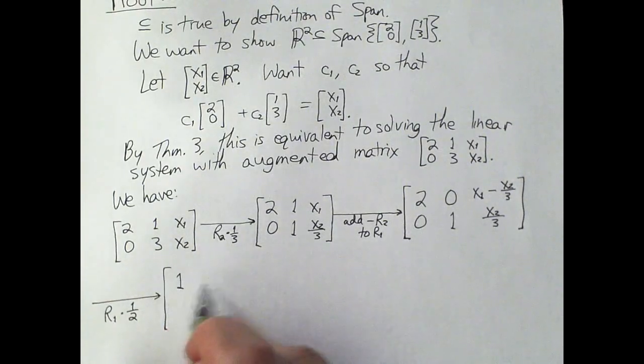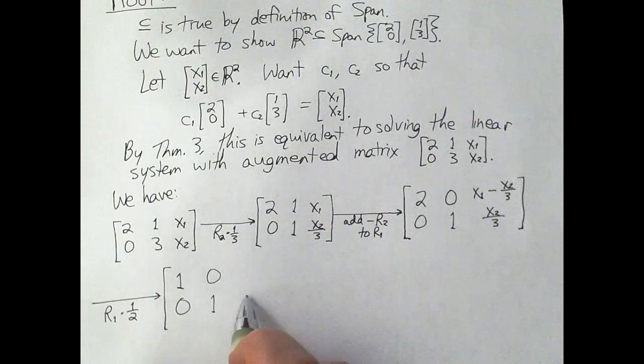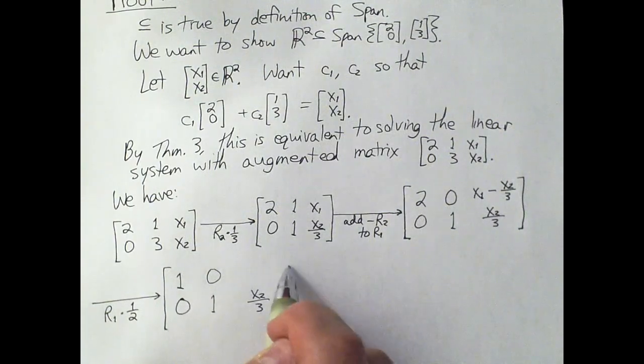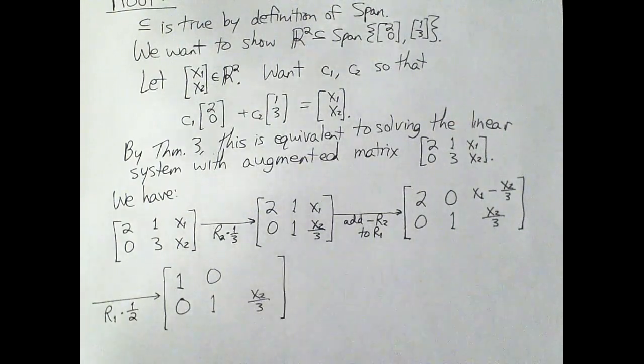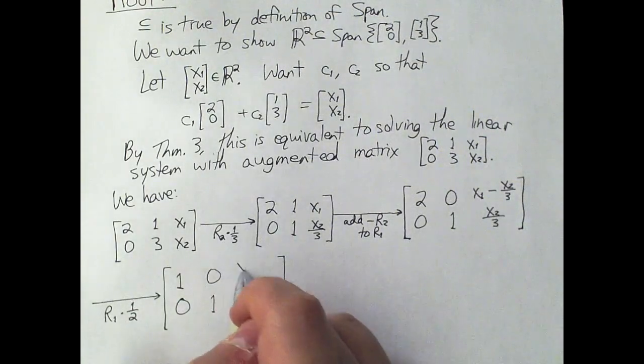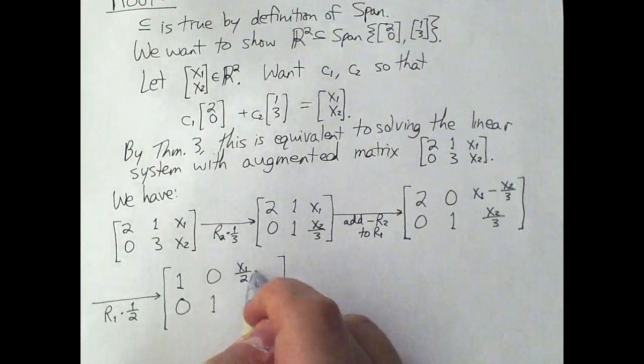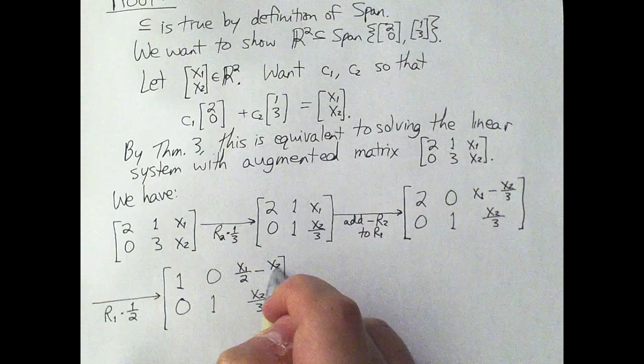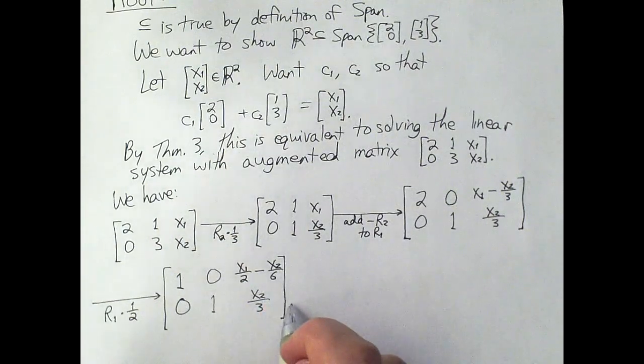So we get a 1 here, a 0 here, a 0 here, a 1 here. Look, this is working out great. This is x2 over 3, and the new upper right entry is what we had multiplied by 1/2, so x1 over 2 minus x2 over 6.